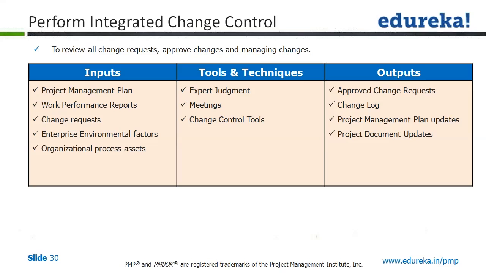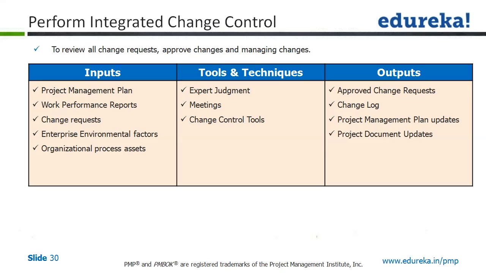So let us look at perform integrated change control. The tools and techniques remain expert judgment and meetings, which we used in the previous process. The change control tool is the new item in the tools and techniques.